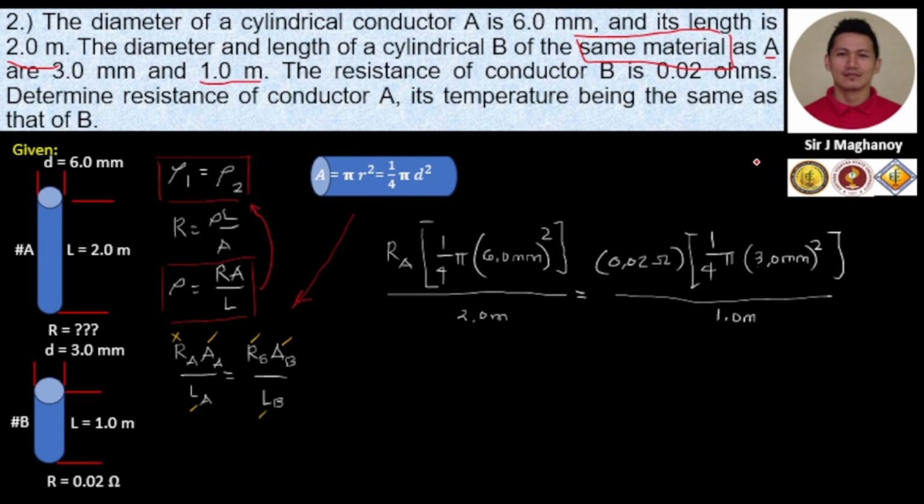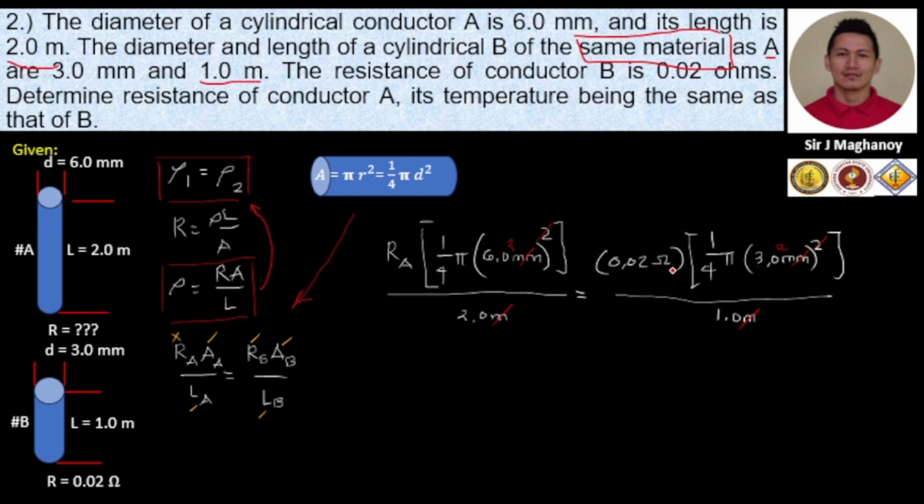Okay, so we do cancellation of the units. Cancel meter on both sides. The square millimeter will be cancelled. The remaining is 6 squared. Here, square millimeter will be cancelled. The remaining is 3 squared.